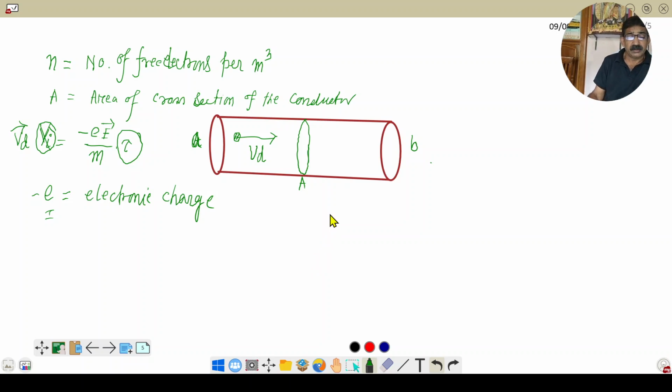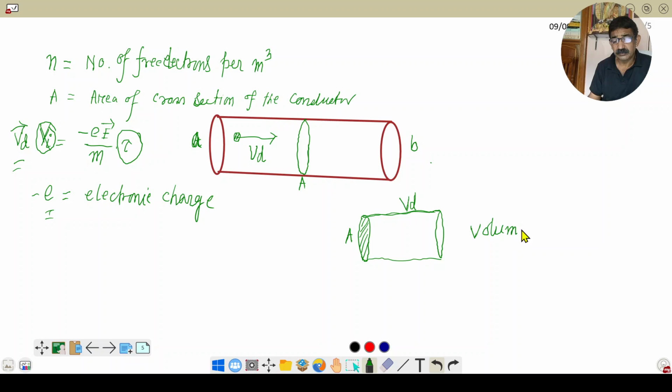Now consider a cylinder having length Vd and area of cross section A. Then the volume of this particular space is equal to A into Vd.